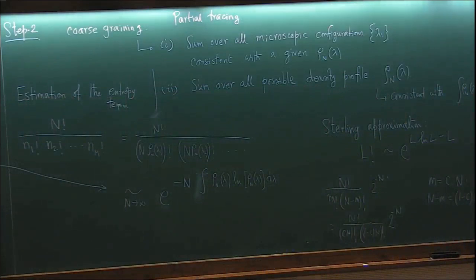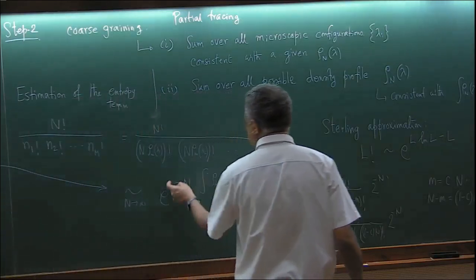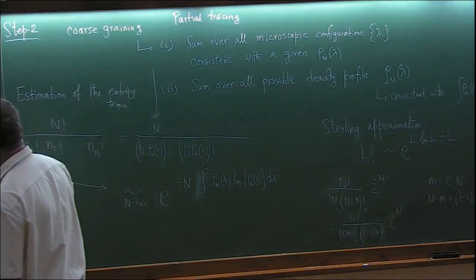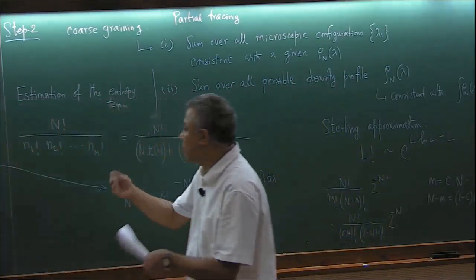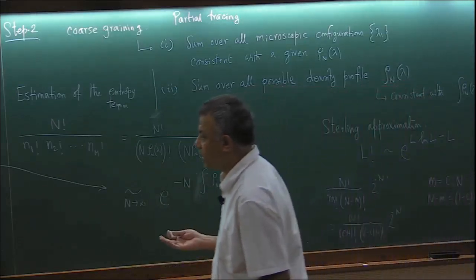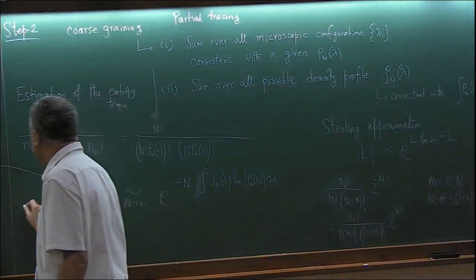So therefore, this term gives rise to the entropy, which is e to the power entropy, because you know from your statistical mechanics course that entropy means how many microscopic states correspond to a given macroscopic state, right? And we usually write this as e to the power entropy.